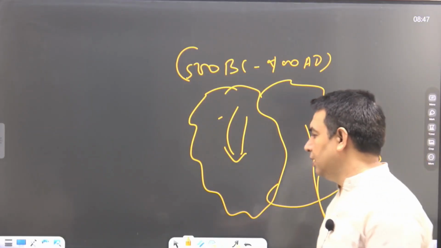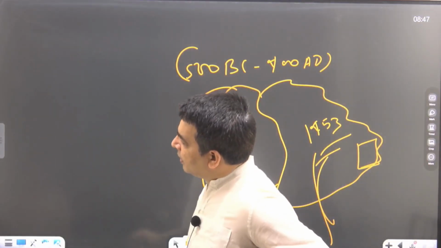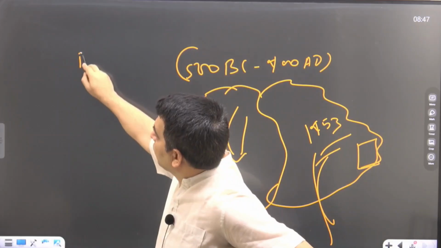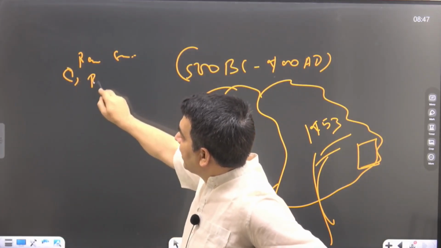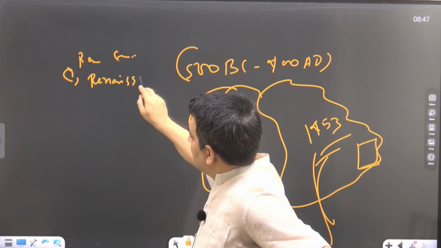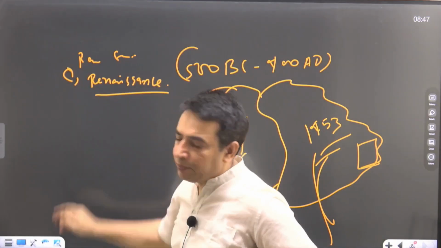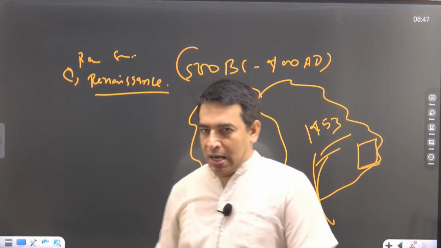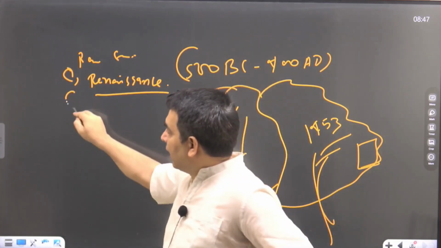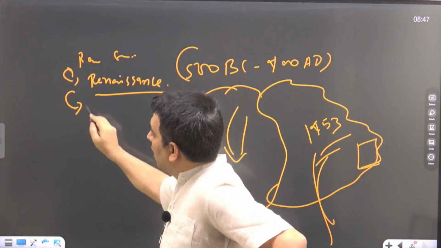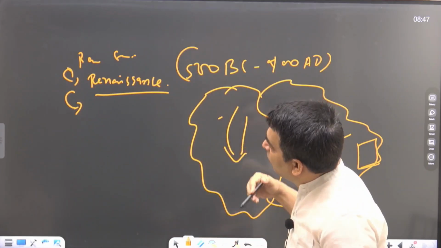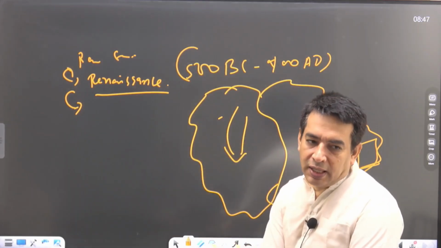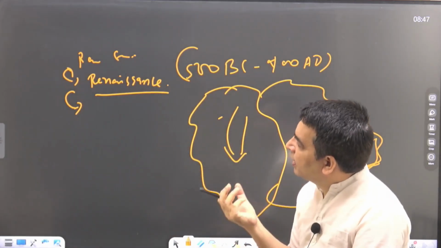It means that Italy had a golden past as it was the epicenter of the Roman Empire. The second thing, it was the birthplace of the Renaissance. The Renaissance began from Italy. Third thing, Italian geography is very significant. It is very close to the Mediterranean Sea, and that's why Italy has always been a trading hub.